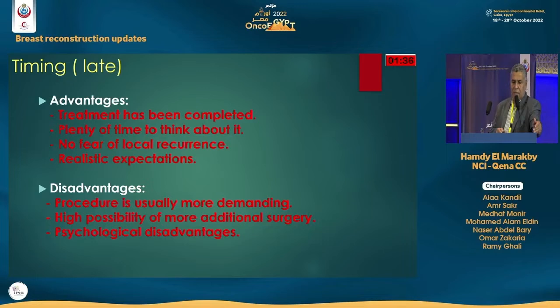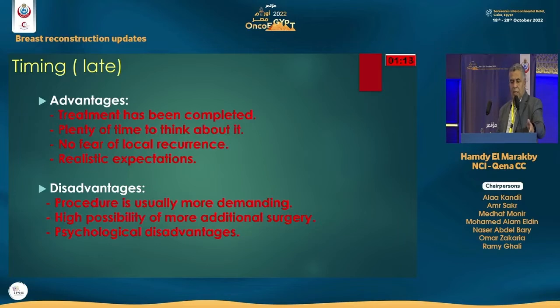The late reconstruction, again, we don't put it like that in advantage or disadvantage. We do delayed reconstruction for patients who initially presented with T4 breast cancer or advanced breast cancer, because we think that the life expectancy will not be much, and that adjuvant treatment is mostly needed in this situation.